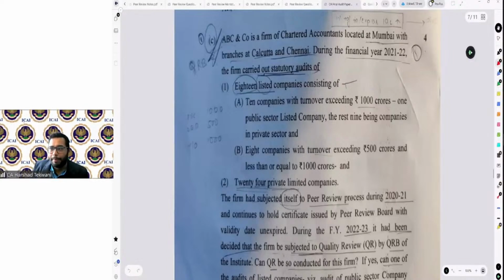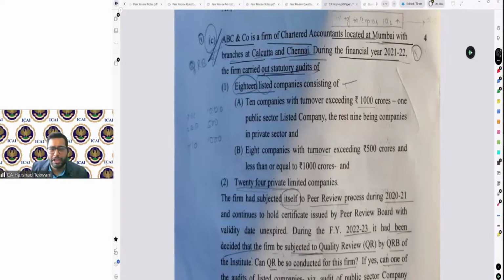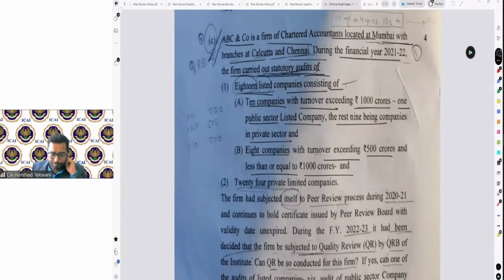Okay. ABC and Company is a firm of chartered accountants located at Mumbai with branches at Kolkata, Chennai. During the financial year 2021-22, the firm carried out the statutory audit of 18 listed companies, consisting of 10 companies with turnover exceeding 1,000 crores, 1 public sector listed company, rest being 9 companies in private sector, 8 companies with turnover exceeding 500 crore and less than or equal to 1,000 crores.